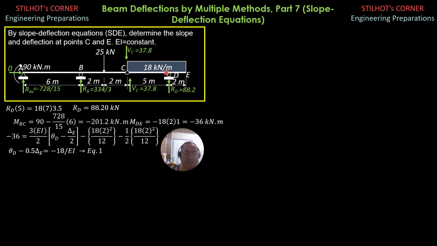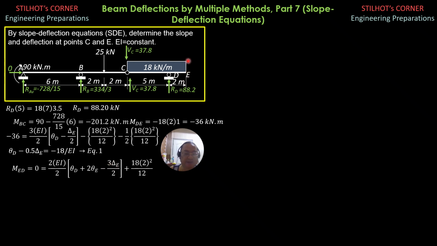Then let's have MDC, which is positive 36. Moment at C is 0 because this is an interior hinge. MED rather is 2EI, so there's moment at D, but moment at E is 0. So 2EI over L, 2 times theta near, 2 times theta E, plus theta far, theta D, minus 3 times delta E over 2.